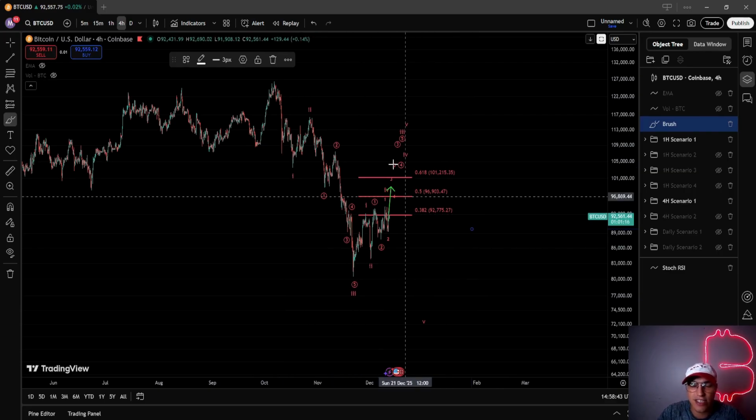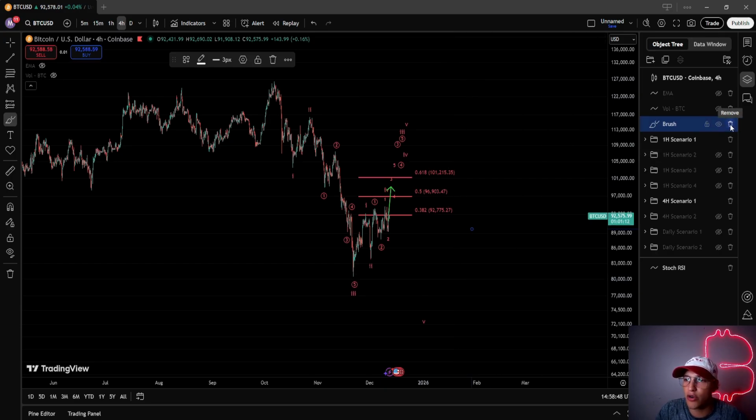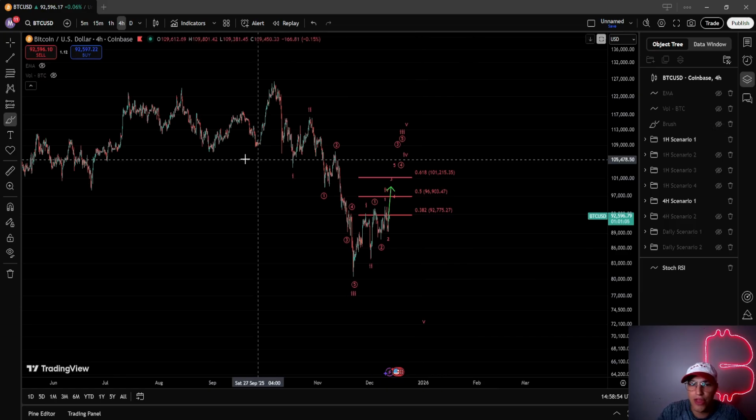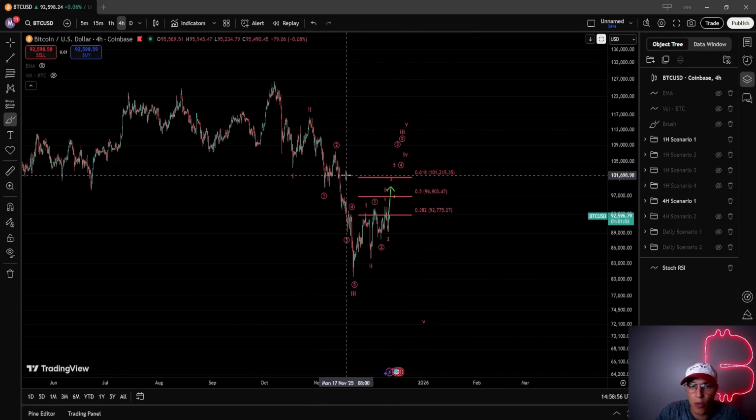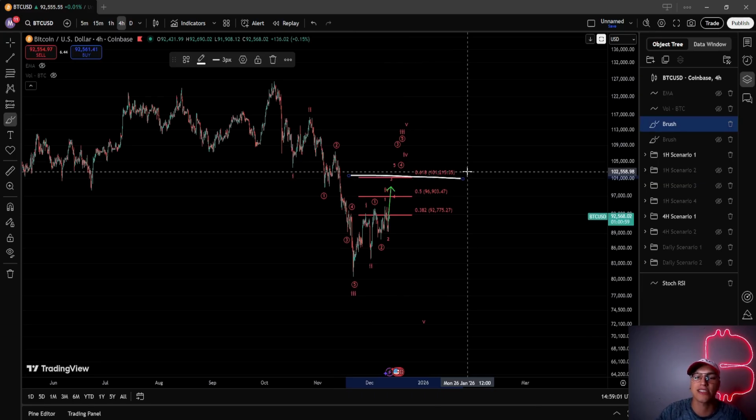Which doesn't do this justice, right? So there are two scenarios that you can take out, right? Number one is that this move up would hit our invalidation zone at $101,000 at the 0.618. That is then our invalidation zone.